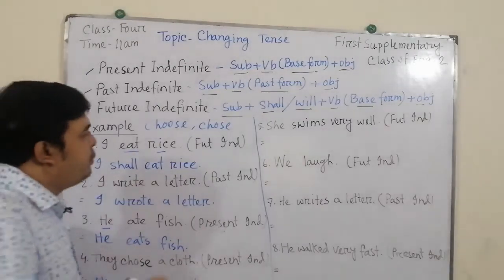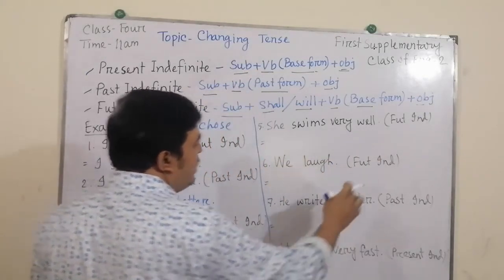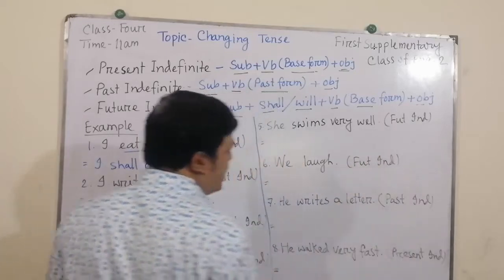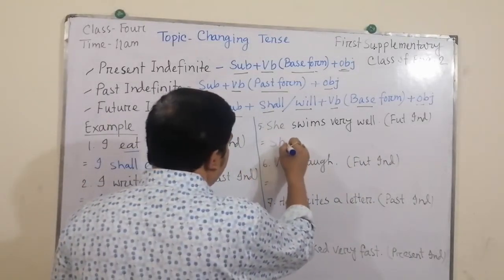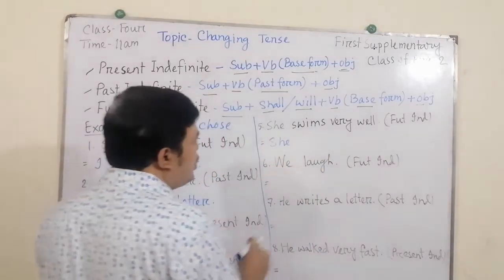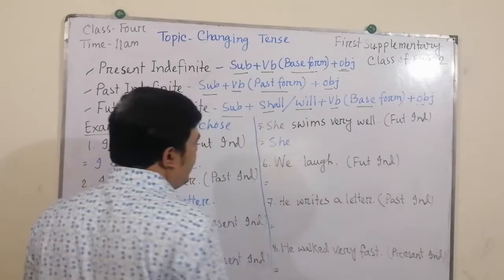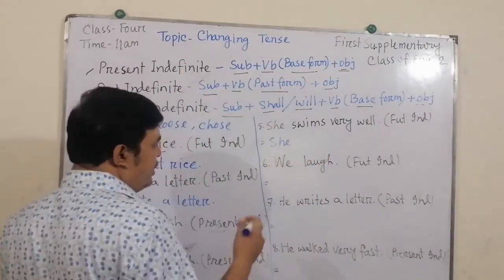Okay, so number 5, she swims very well, we have to make it future indefinite. How do we make that? We have taken the subject she, then swims, we can see that that is the present tense.